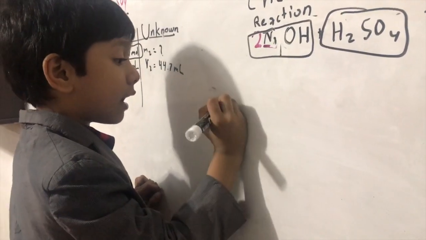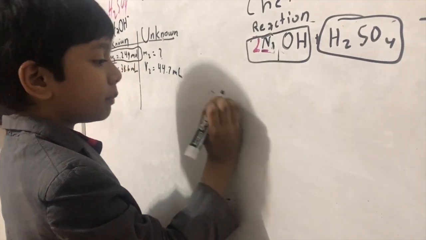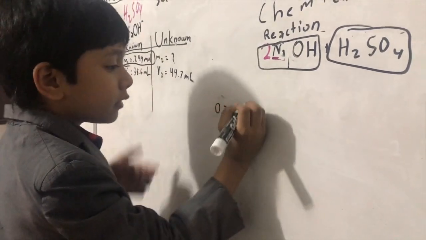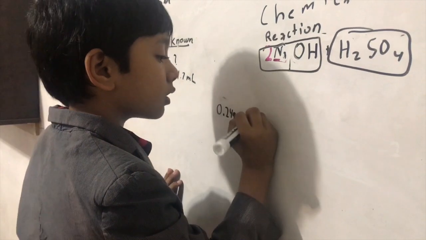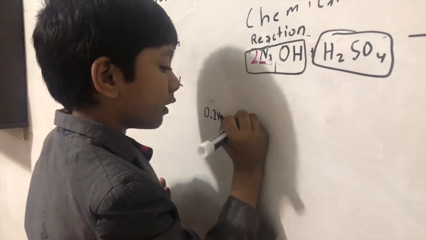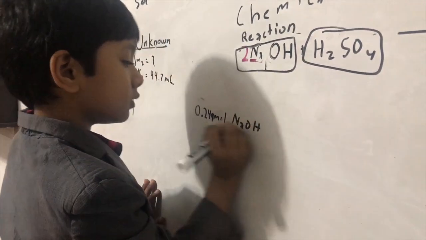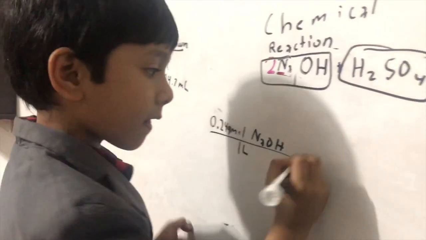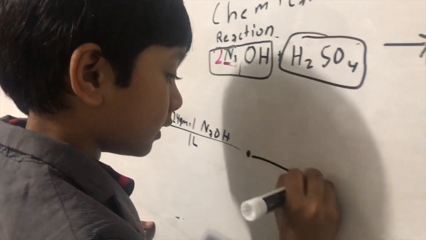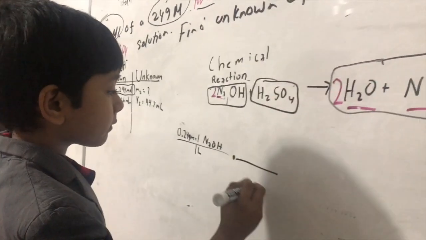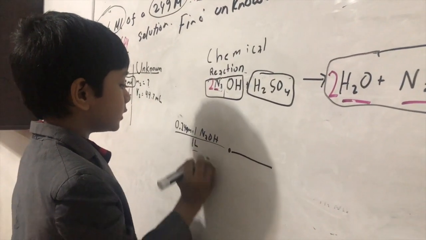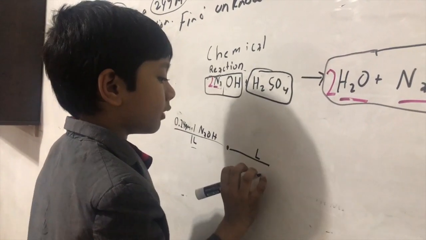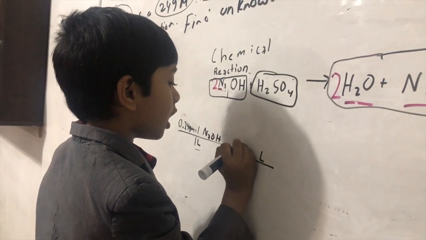I have to put them together. So 0.249 moles of NaOH divided by 1 liter, multiplied by 1 liter. Since 1 liter is on the bottom, I want 1 liter to be on the top.